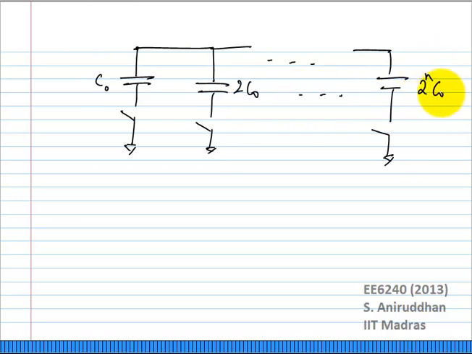I'm going to have a binary weighted capacitor bank. That is easy to control. I'll have a binary weighted capacitor bank with n bits of control. Now if I turn on the switch, the capacitance exists. If I turn off the switch, there is no capacitance. So I go from 0 to (2^(n+1) - 1) C0. Okay?